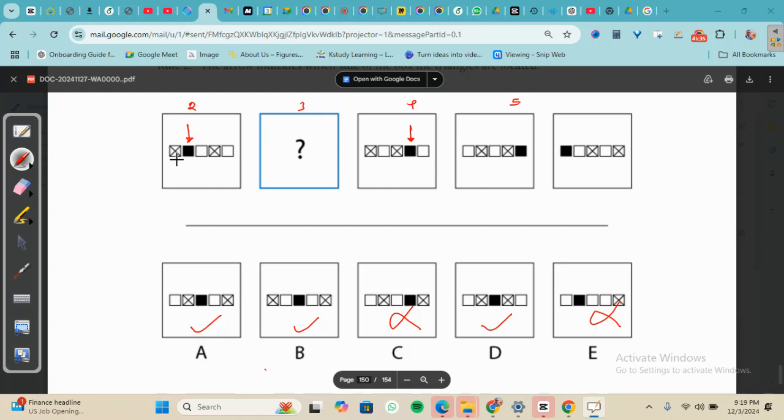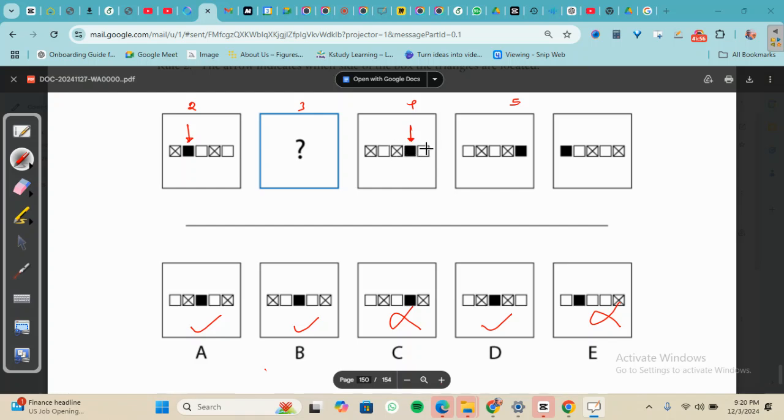Black box, yes. X and an empty box, right? X and empty box. I think that's fine. Okay, let me confirm this.